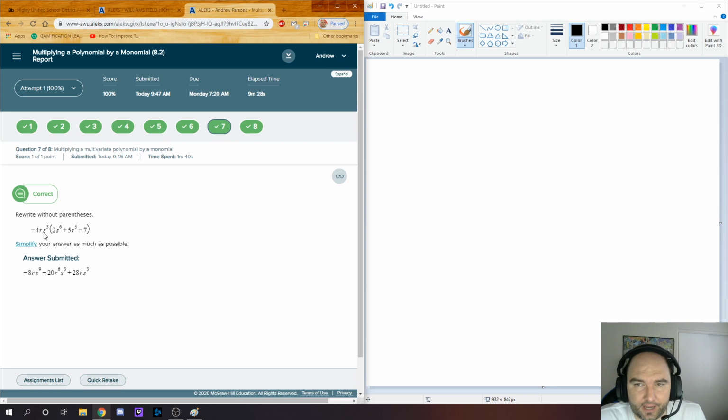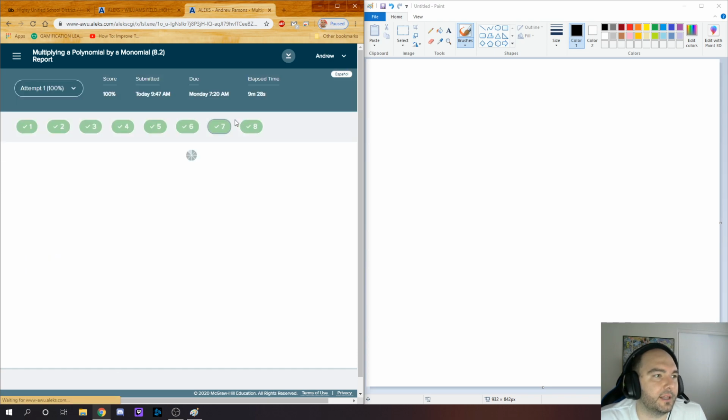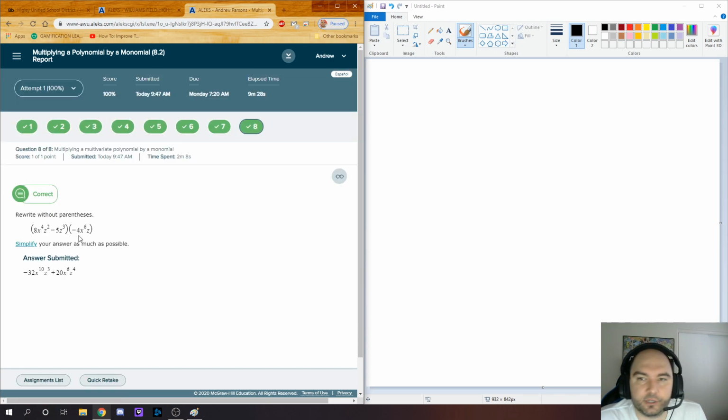So we combined the samesies and didn't combine the not samesies, and the number still multiplied. Number 8 was slightly unique in that the number that was distributed was actually on the back, so I rewrote the problem with it on the front. You don't have to rewrite it if you have the foresight to distribute it backwards, that's fine. But I chose to do it the way I did it. Either way works. And that's it.